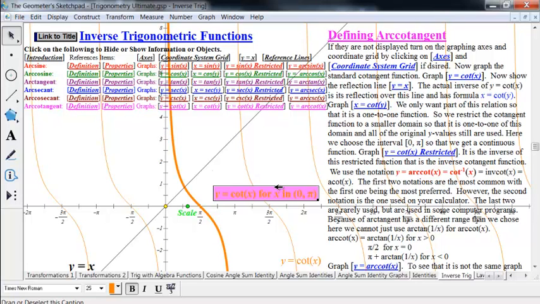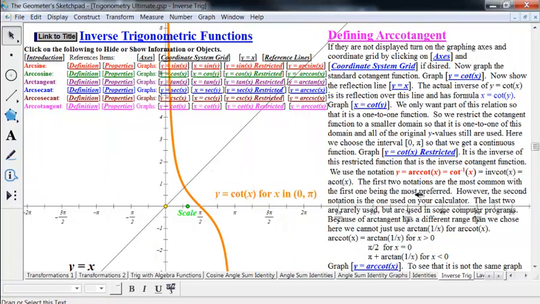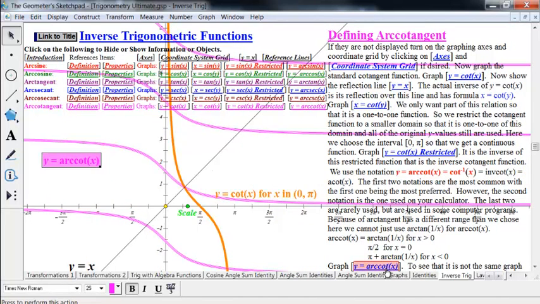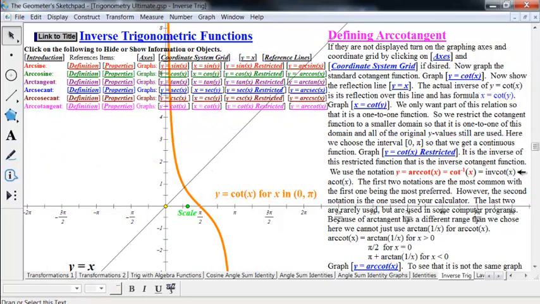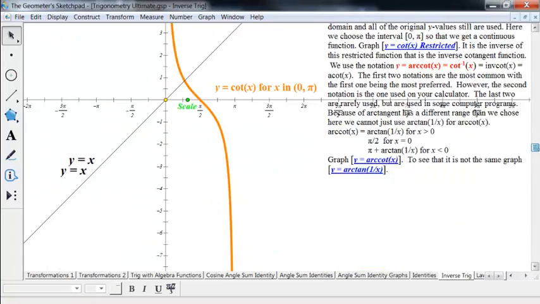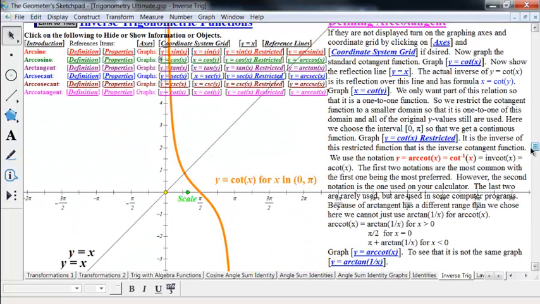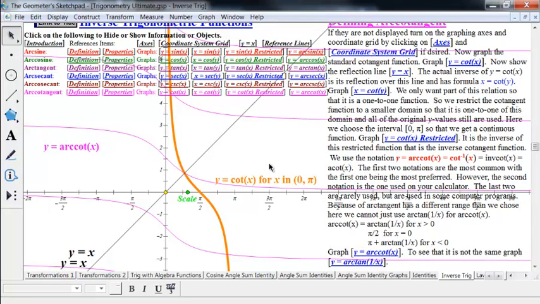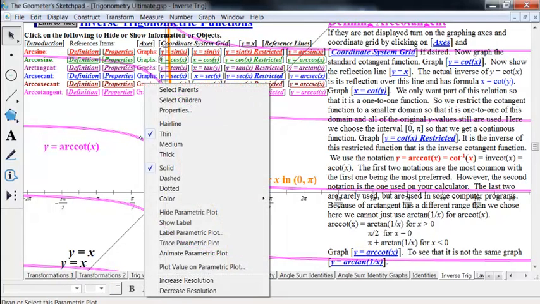So that's the part that we're going to take, just that part, and reflect that over the axis, and we get y equals arccotangent of x. Okay, except we're not supposed to get all of this, so let me fix this. What's it supposed to do?